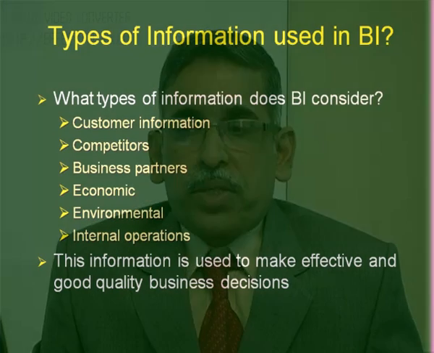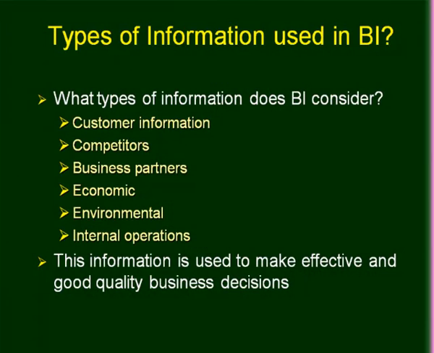What type of information should BI consider? BI should consider customer information, competitors' information, business partners' information, economic information, environmental information, and some internal information about the internal operations. This information is used to make effective and good quality business decisions.